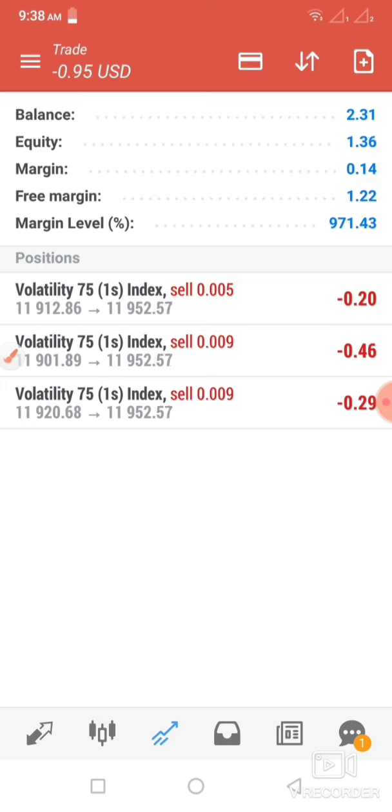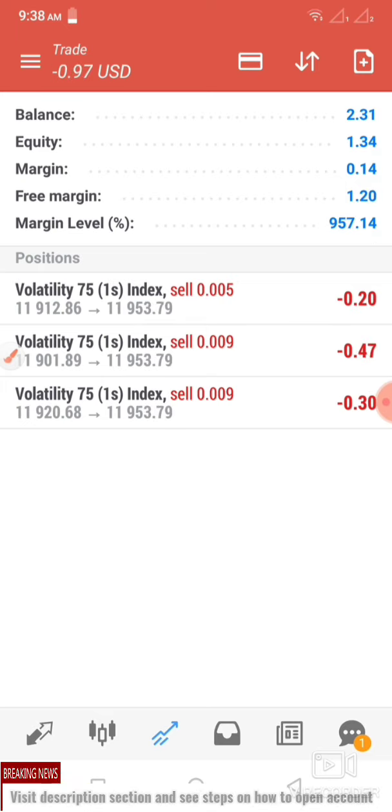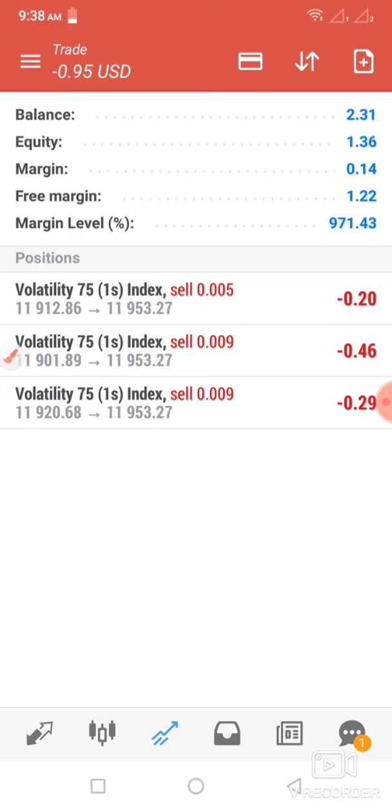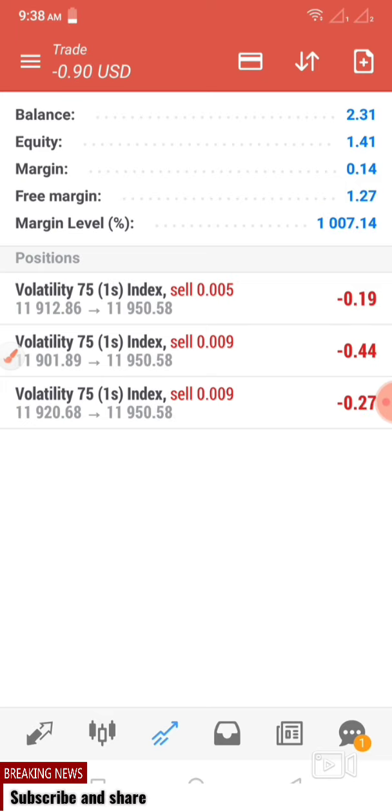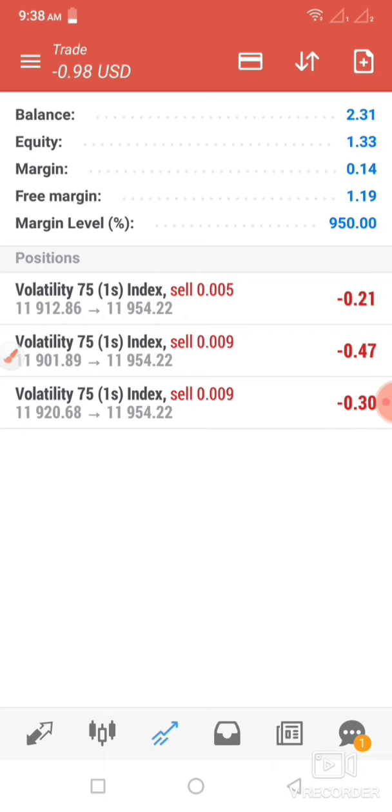For your information, when you place bigger lot sizes and the trade is open, you are not able to adjust the lot size. What you can modify is the stop loss and the take profit points, but the lot size itself is not adjustable. Most of the people, when they open a trade, they just see profits. Myself, when I open a trade, I see both profit and loss.